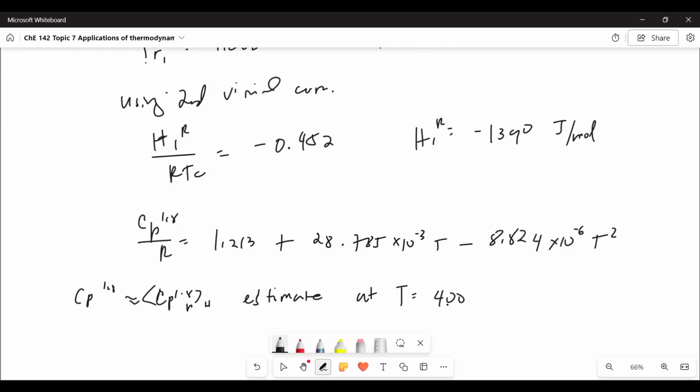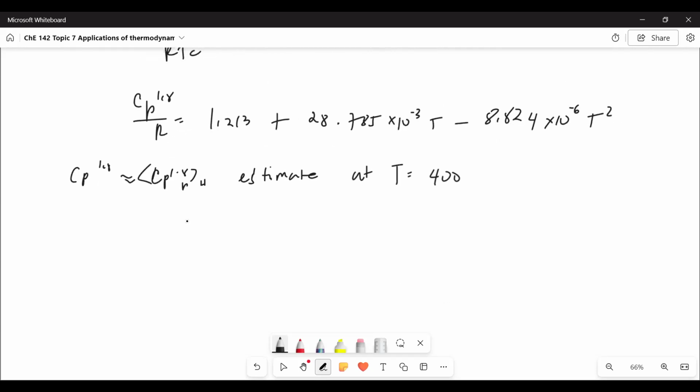So substitute 400 for T into this equation, and then multiply by R. What you will get for CPIGH initial, multiplied already by R, is 94.07 joules per mole Kelvin. Okay?